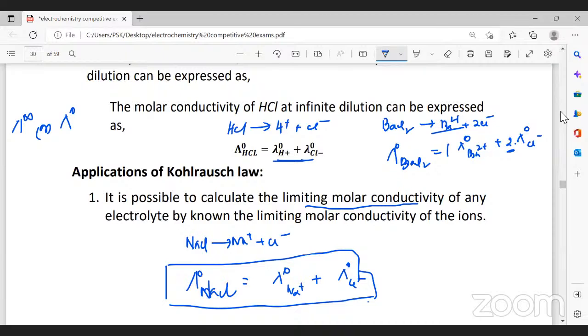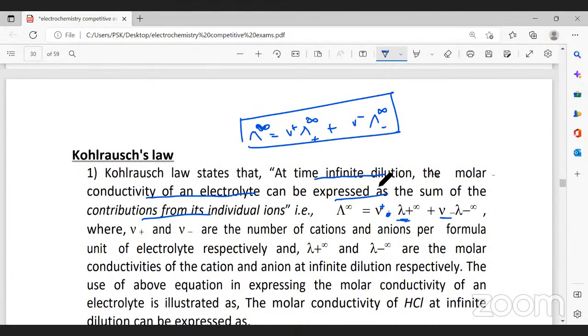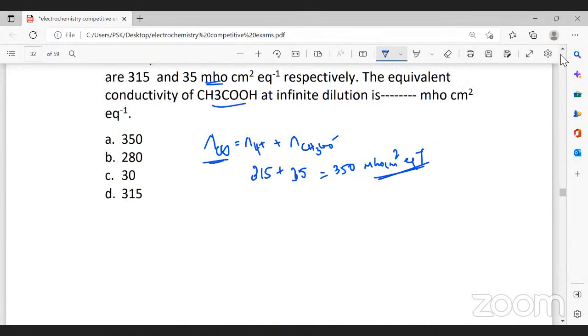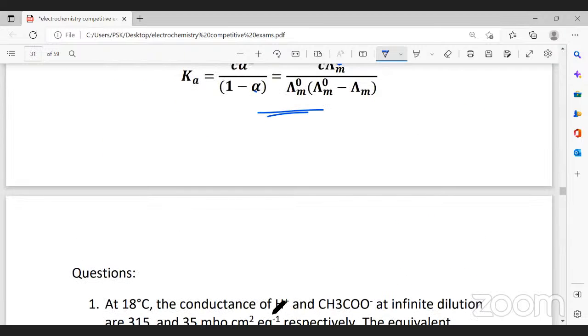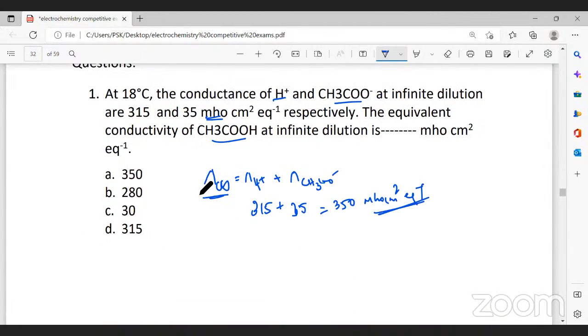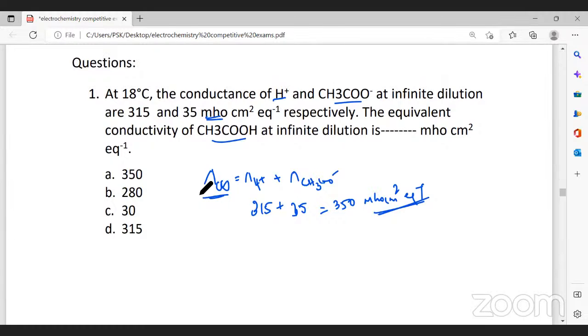At infinite dilution, the molar conductivity of an electrolyte can be expressed as the sum of the contributions from its individual ions. Here the individual ions are acetate ion and H plus ion. When you sum their contributions, you get the molar conductivity at infinite dilution. The answer for the first question is 350. Students, did you follow? Yes, sir.